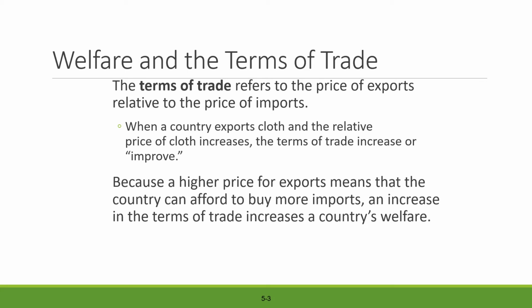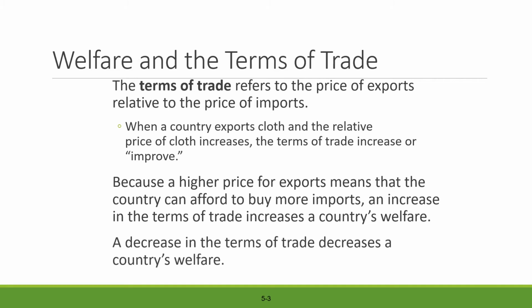And because of higher price for exports mean that the country can afford to buy more imports, an increase in terms of trade increase the welfare of that country. Because of this higher purchasing power, we say that the welfare of the country has increased. So that is the basic relationship between the welfare and the terms of trade.